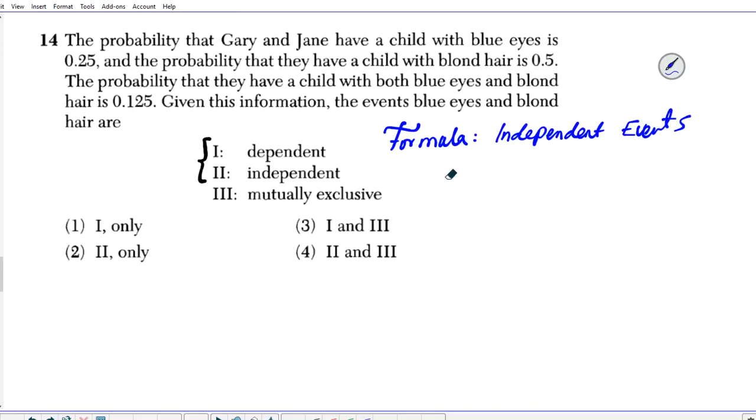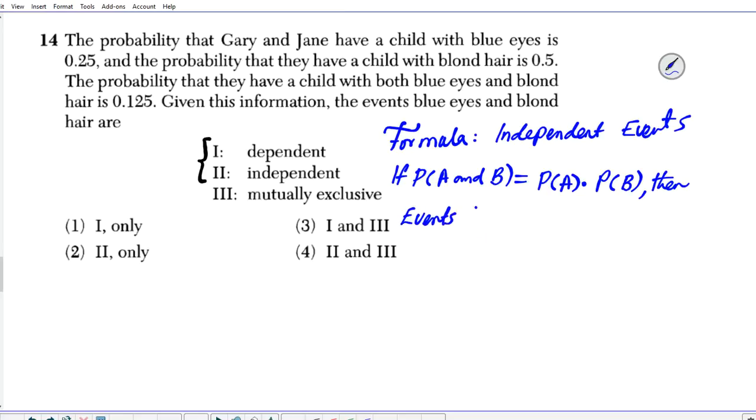Two events A and B are independent if the probability of A and B is equal to the probability of A times the probability of B. If this equation holds, then events A and B are independent.